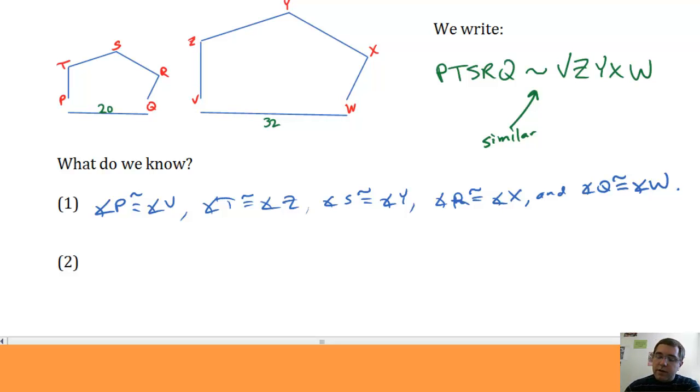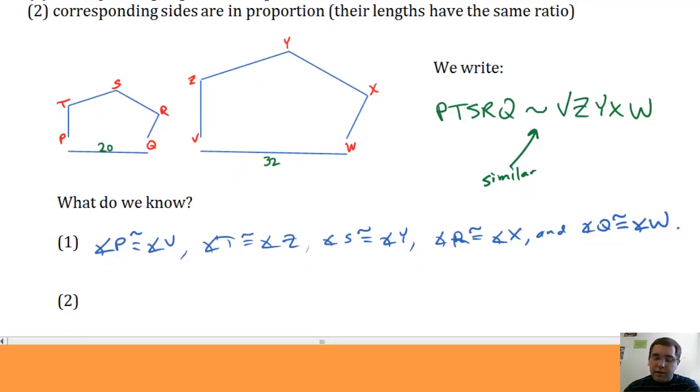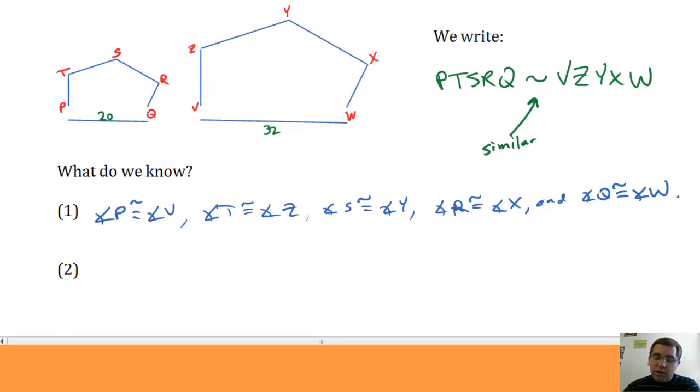From part 2 of the definition, we know that the corresponding sides are in proportion. It means the corresponding sides have the same ratio of lengths. So 20 over 32, which is PQ over VW, has to be the same as the ratio of all the other corresponding sides.